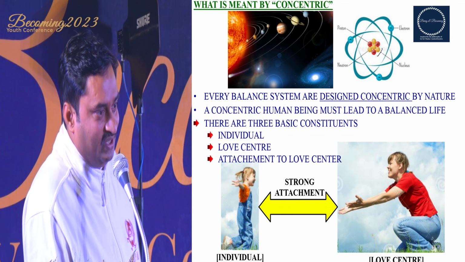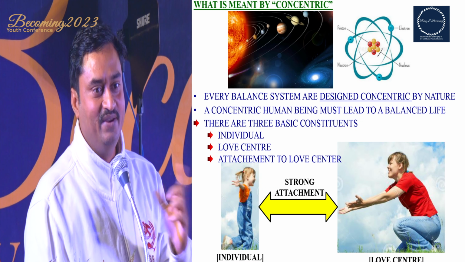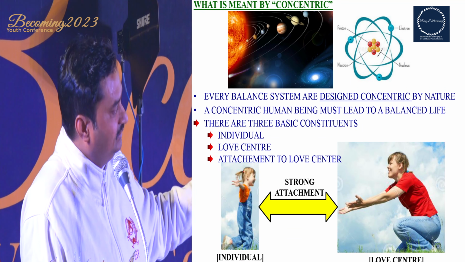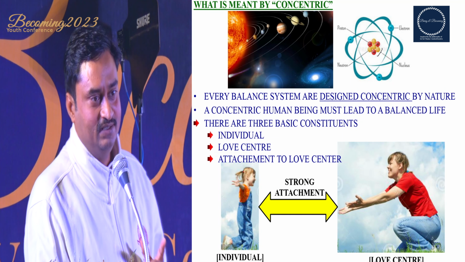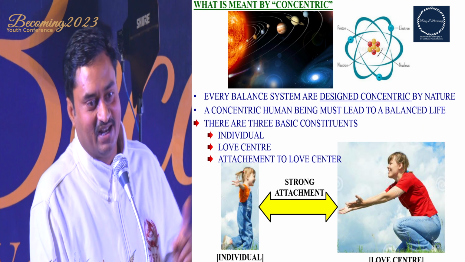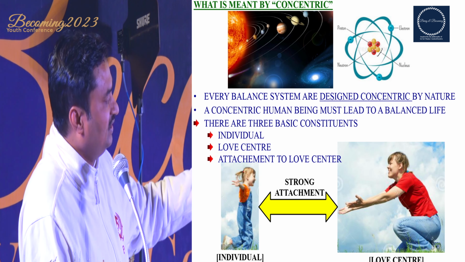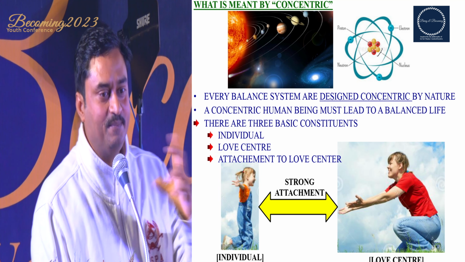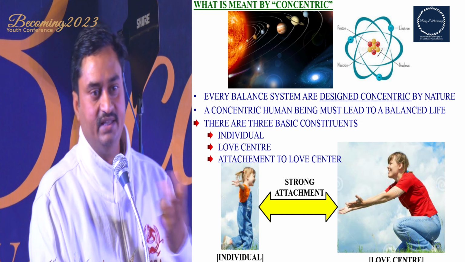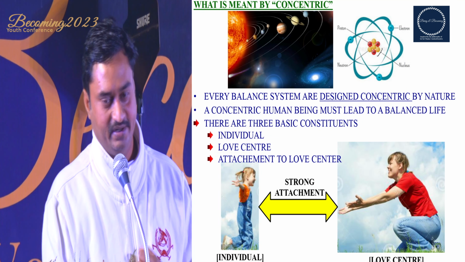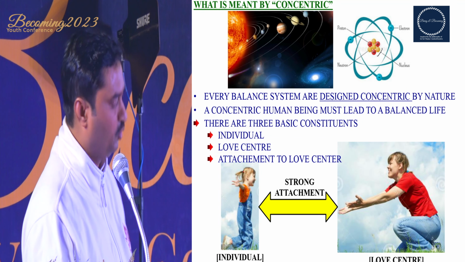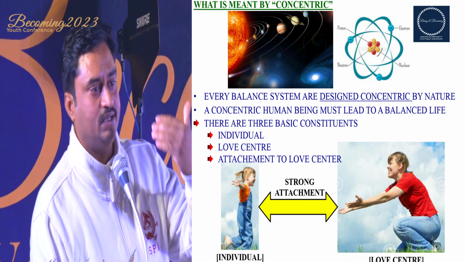Right. So the term concentric has basically three things: an individual, a lobe center, and attachment to the lobe center. I've shown a figure here: an individual, a lobe center, and a deep attachment between them. If these three things are fulfilled, I'm concentric. Okay, so I'll discuss phase by phase.